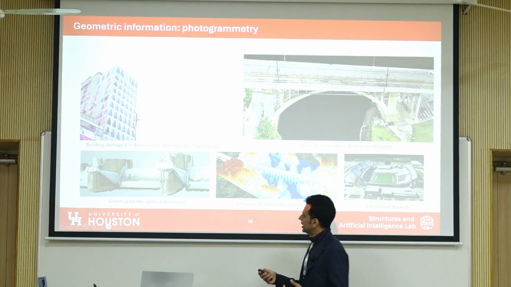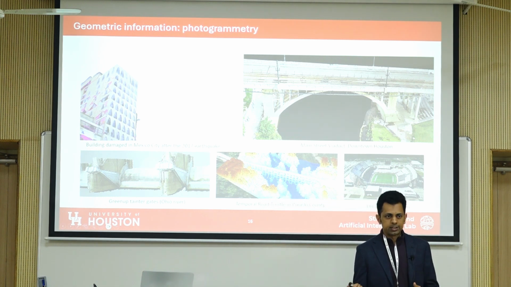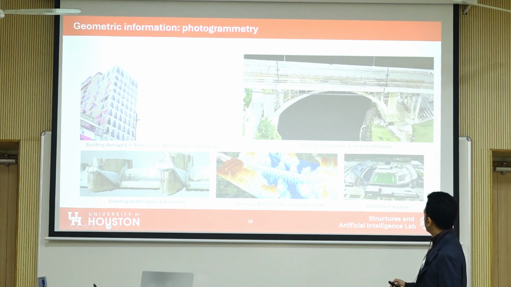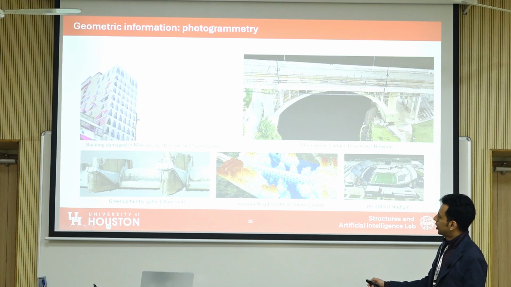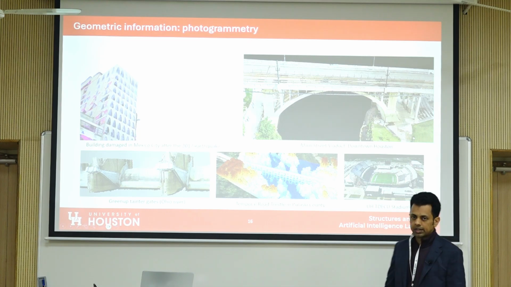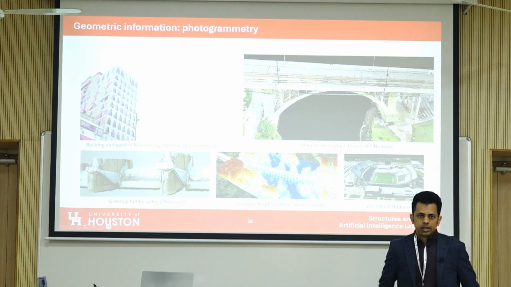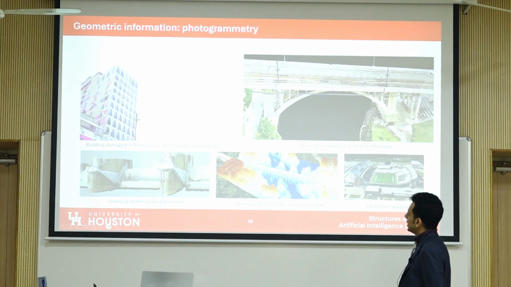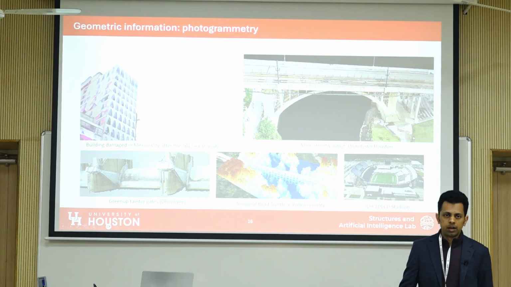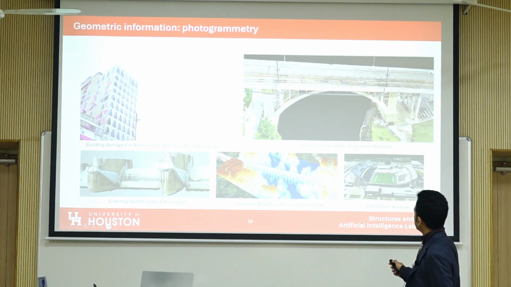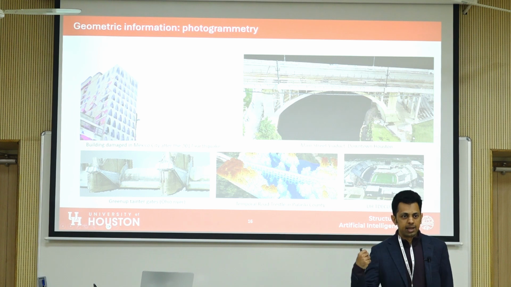So here you can see examples of different structures that we've inspected over the past few years. That same building that was damaged after the earthquake in Mexico City in 2017. You can see a 3D model that we built. This is one that we built of a bridge in downtown Houston a few years ago. It's a large bridge. There's a Buffalo Bayou here. It took us a whole day to collect images for this bridge.